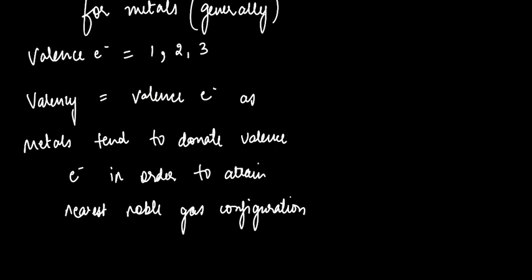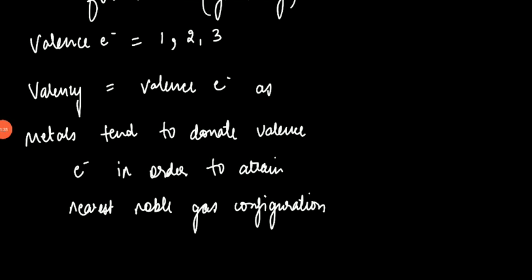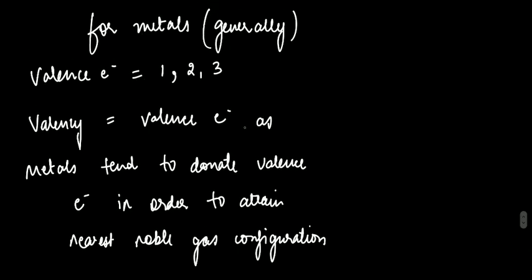The idea for metals is they have a small number of electrons, so it's easier for an atom to donate a small number of electrons, as it is a very low energy expensive process, I would say.